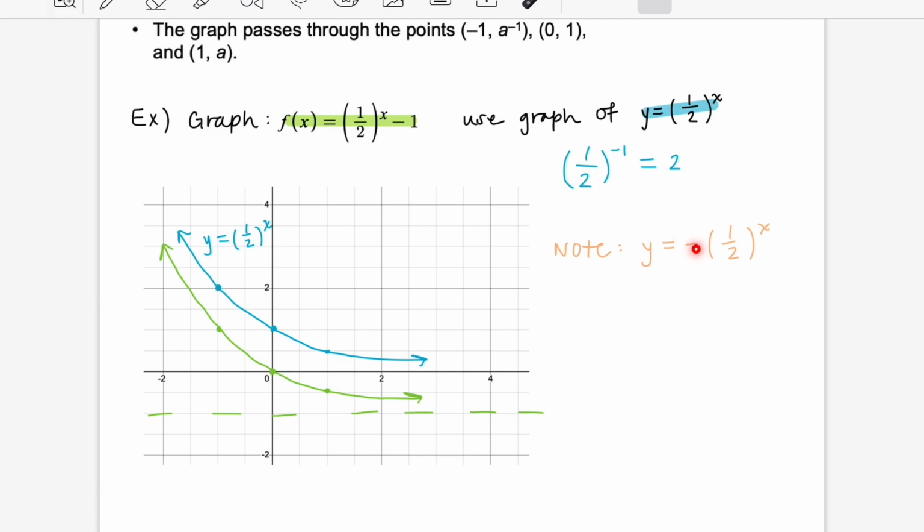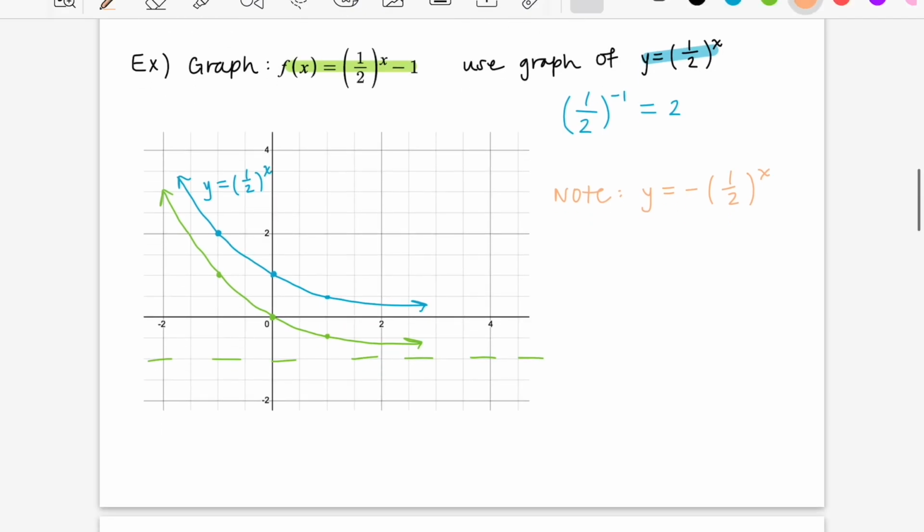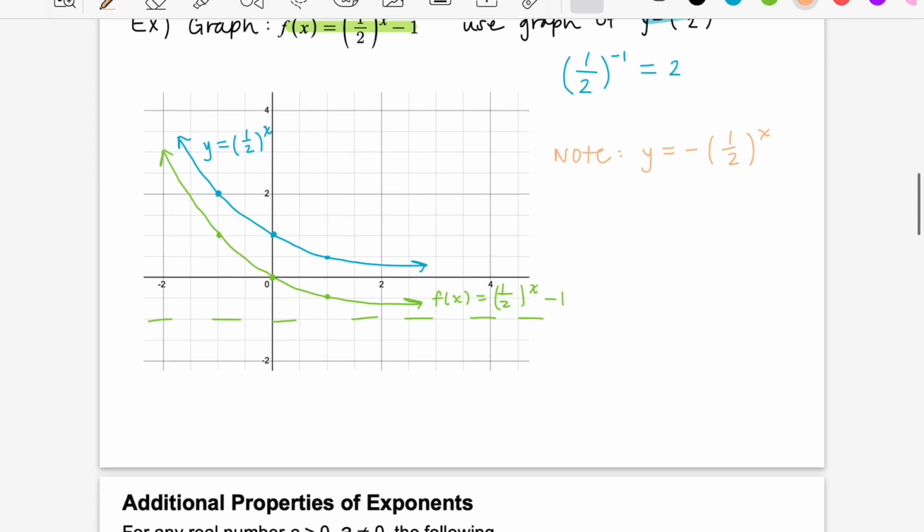And then just using the fact that this negative out here means we're going to be reflecting over our x-axis. So this function here is f of x is equal to 1/2 to the x minus 1. And then we're going to graph this -1/2 to the x. We're going to do that by reflecting over our x-axis here.